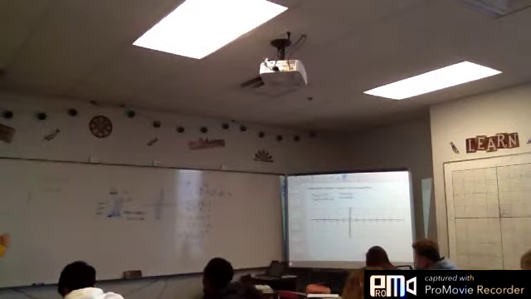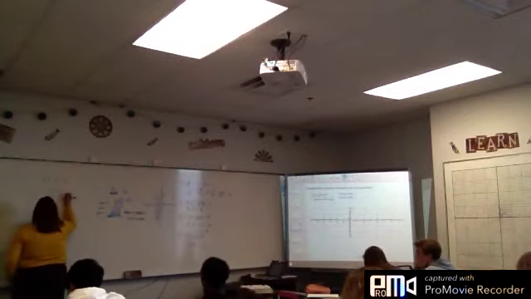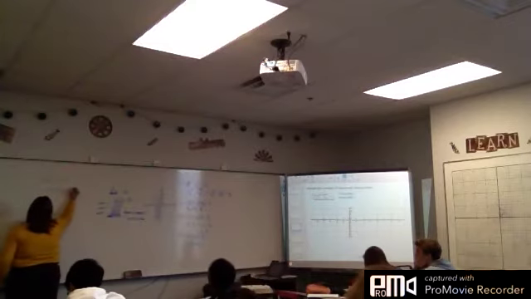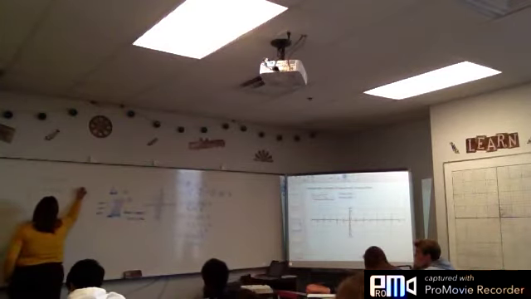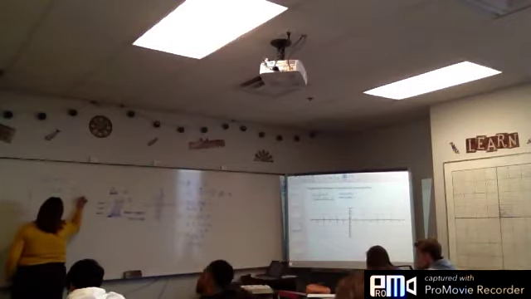What point do you want to plug in? 1. Let's plug in 1 to this equation. If I plug 1 in, I get negative 1 squared plus 4. What's 1 squared? 1. Plus 4 gives me, so my point is 1, 5.